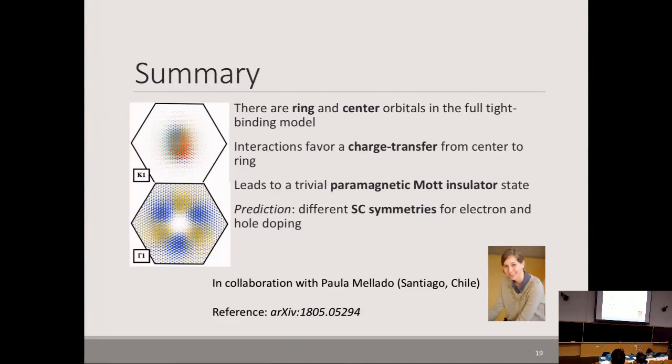And if you look at the interactions, we think that should lead to a charge transfer between the center and the ring orbitals, which then naturally gives you a trivial paramagnetic Mott insulator state, with this nice prediction that the symmetry of the superconducting order parameter should depend on whether you electron or hole dope relative to this half-filling. I did all this work together with Paula Mellado. We have our work on the arXiv if you want to read more details. And thank you for your attention.